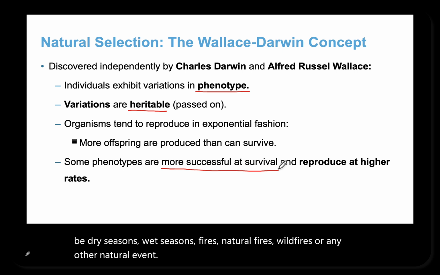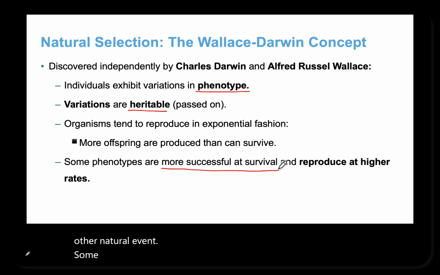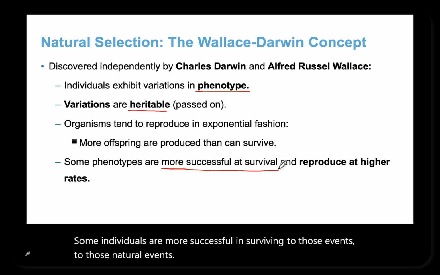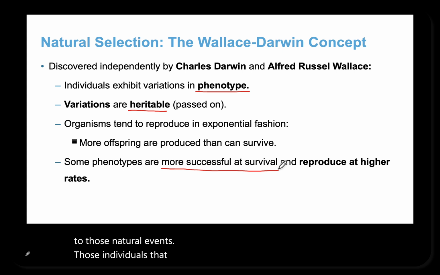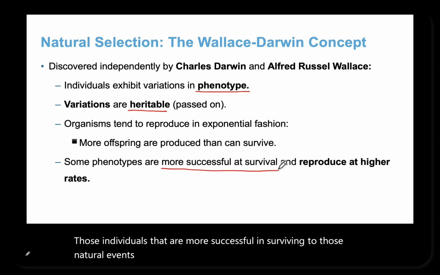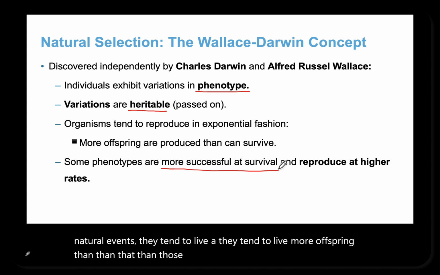Some individuals are more successful in surviving those natural events. Those individuals that are more successful in surviving those natural events tend to leave more offspring than those who died, right?